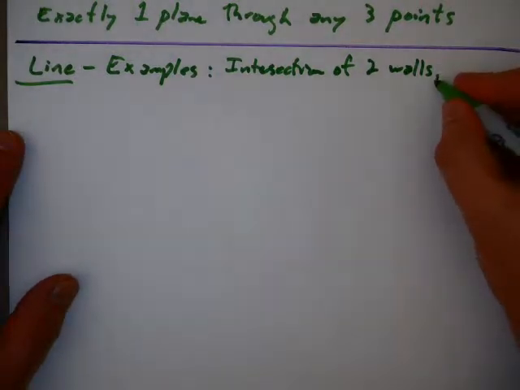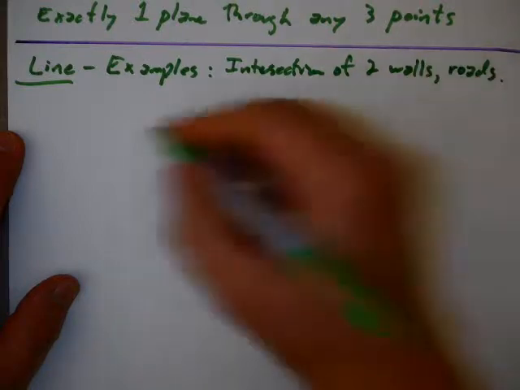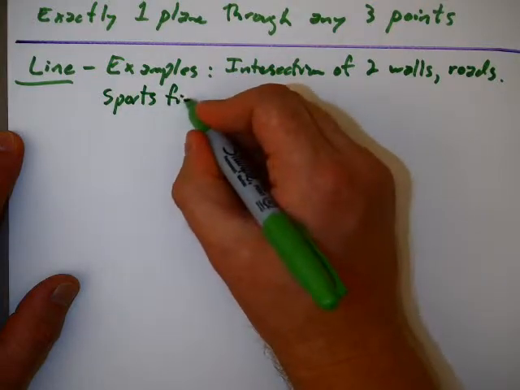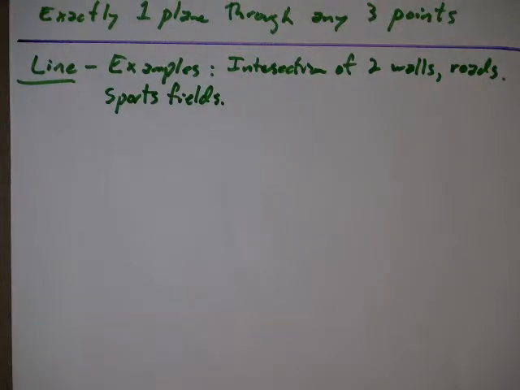You also see lines on roads, and again on sports fields. These are all just examples of lines, because in geometry, technically, a line goes on for an indefinite amount of time.